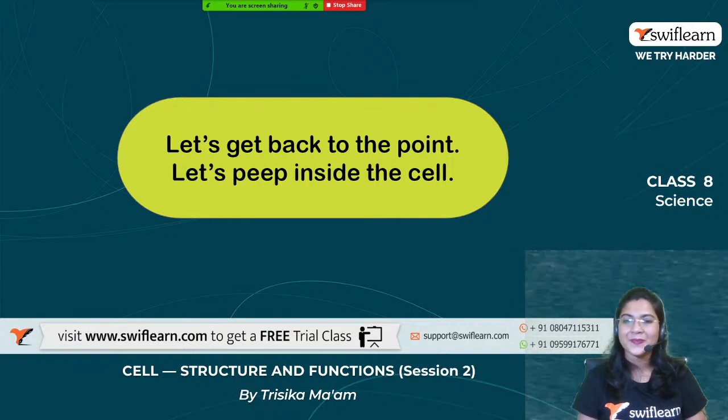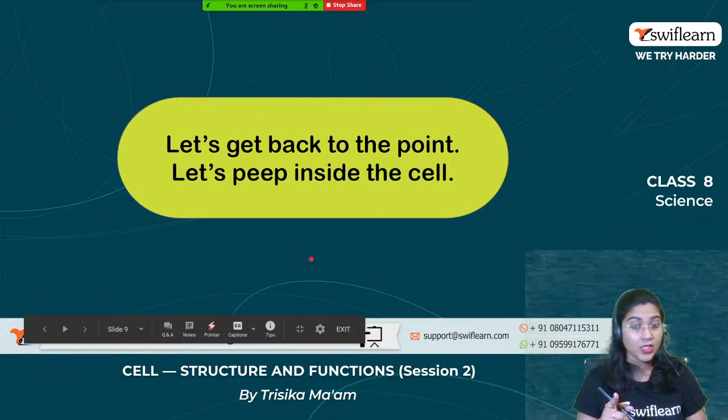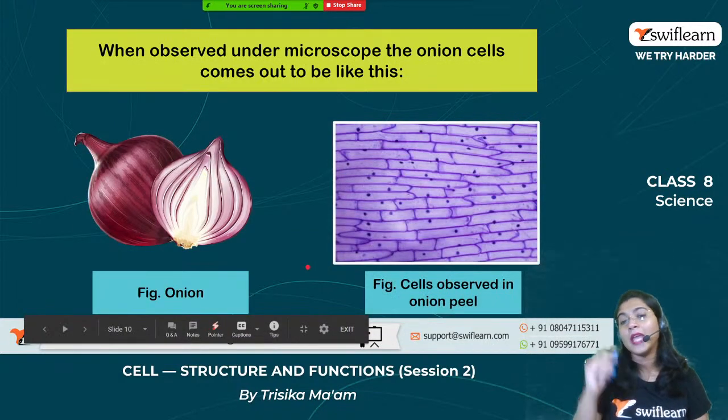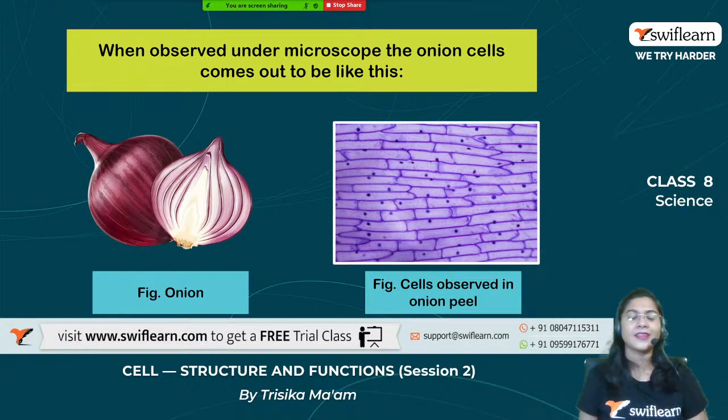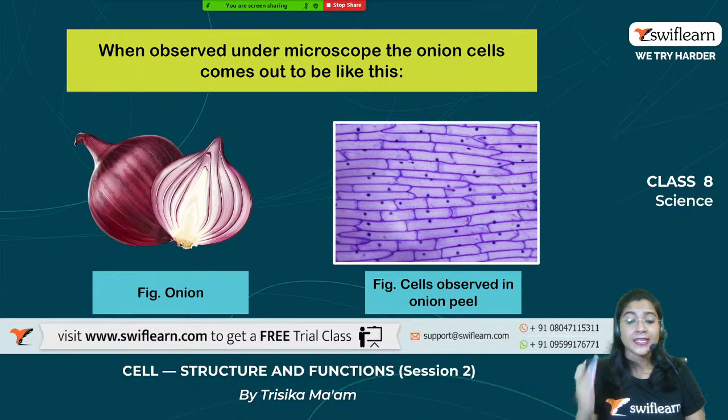What are they? Yes, the covering. We can see the boundary, right? Exactly. We can see the boundary and the very tiny dots within the cell. And also we can see a fluid-like structure present in each of the blocks, right? Exactly. So we will study more about all these structures.